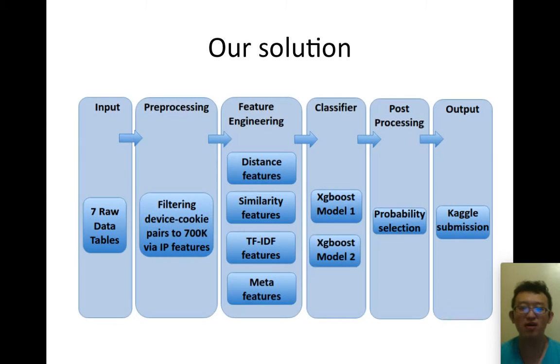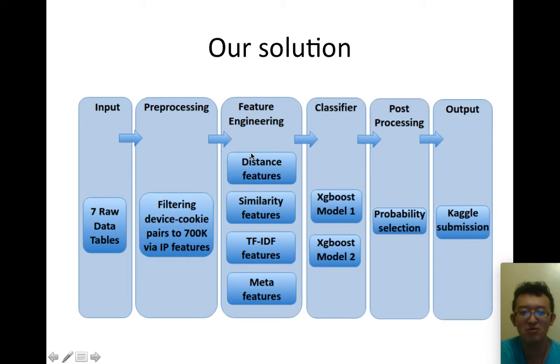Okay, the overview of our solution. Basically, we pre-process the data to transform this problem to a standard supervised learning problem, actually a classification problem, by filtering the possible device cookie pairs. In the end, we have 700,000 cookie pairs. The major part of this challenge is to build features, to do feature engineering.